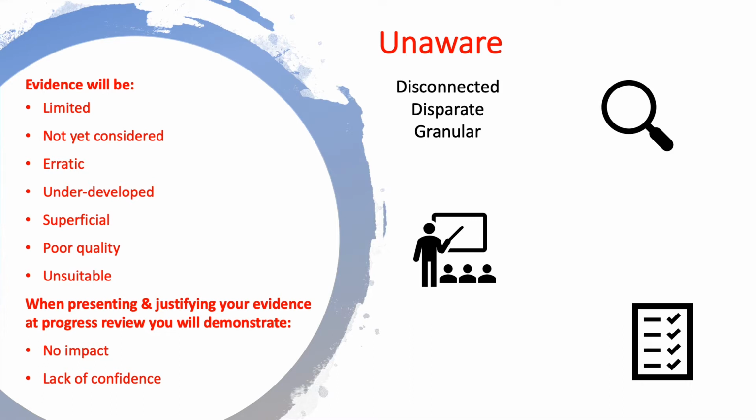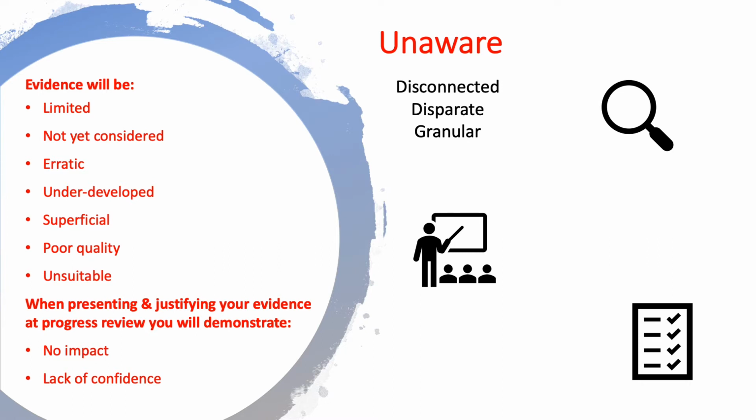And then when you're presenting that evidence and justifying it at progress review, it might demonstrate zero impact on learning, or indeed your progress. And you might also be lacking in confidence when you're trying to justify the evidence that you've included. So those words are really useful in describing A, the evidence, and B, your approach during progress reviews.